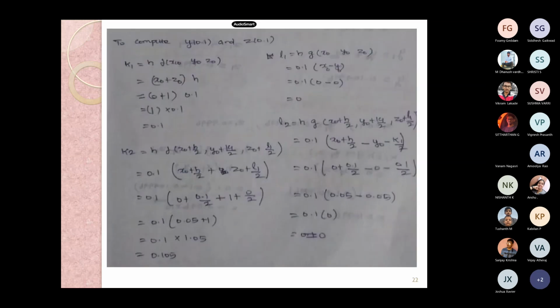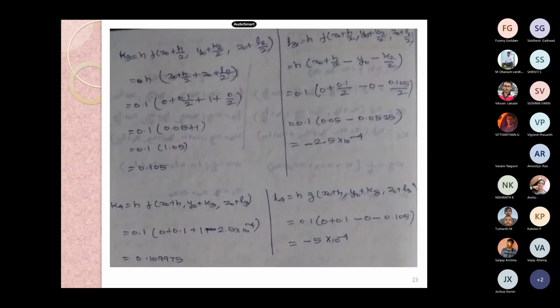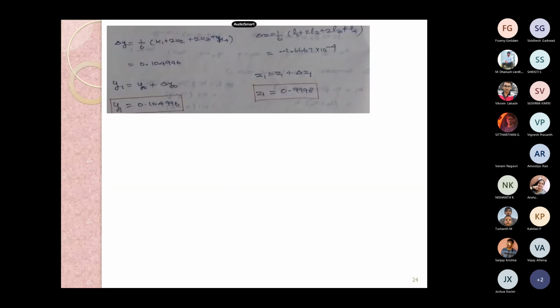Here L1 is 0 and L2 is also 0, and K1 is equal to 0.1 and K2 is equal to 0.105, and K3 is also 0.105, and K4 is 0.10997, and L3 is equal to minus 2.5 into 10 power minus 4, and L4 is minus 5 into 10 power minus 4. And see, this is delta y.